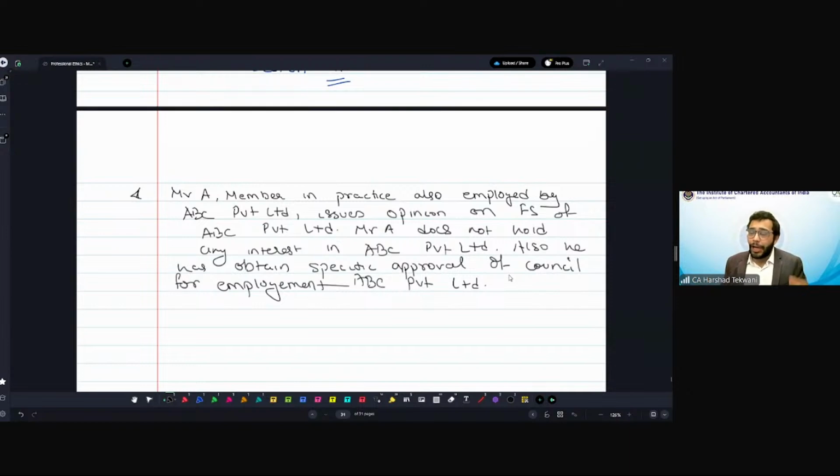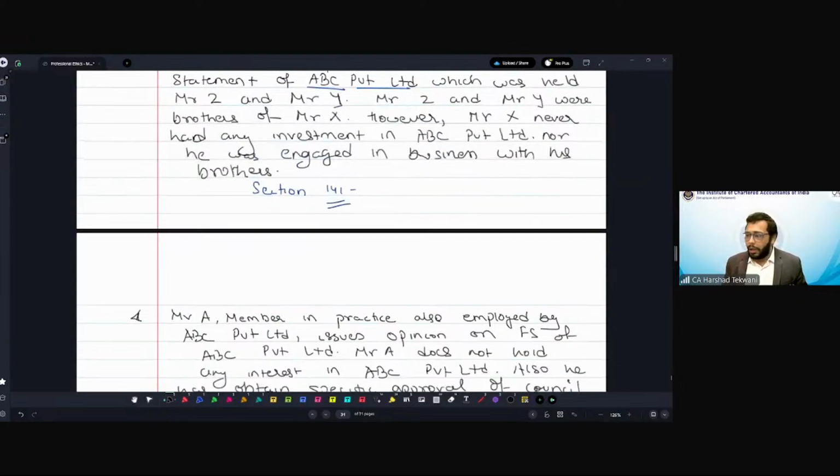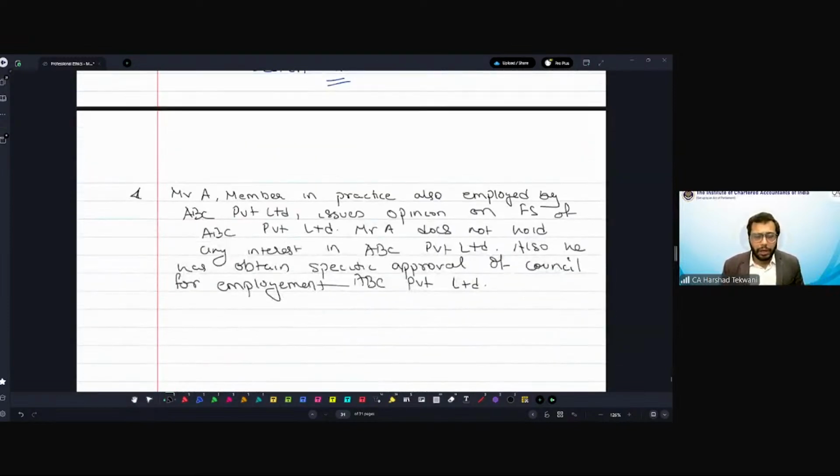If he's getting appointed, if he's accepting the appointment, again clause 9 will get attracted. And clause 1 also, clause 4 also. Because in clause 4 specifically, there is a council guideline also, and there was a circular also issued where it was said that a member who is a member in practice and also in employment cannot do audit of the company, and over and above, there is a disability in section 141.